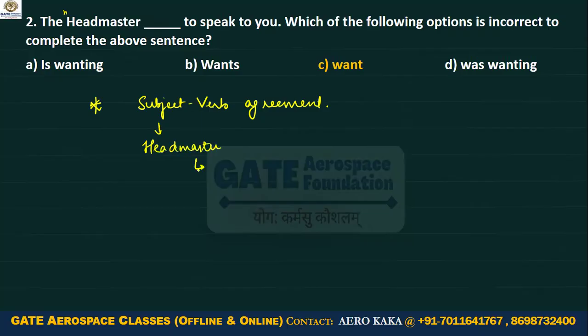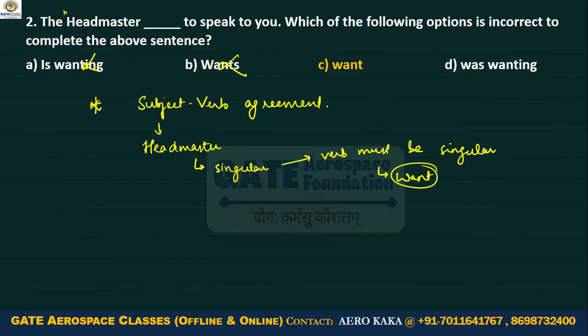And if you see, we are talking about a single person, so it's singular. So the verb must be singular. What is the verb? That is want. It's wanting something. So wants will be correct, and was, again, is a past tense, so it will be incorrect. So the correct answer becomes want.